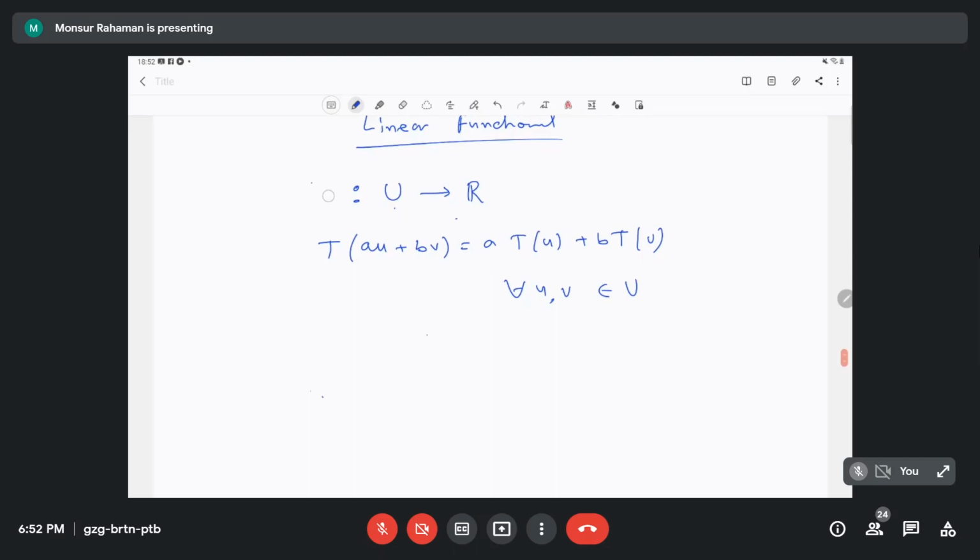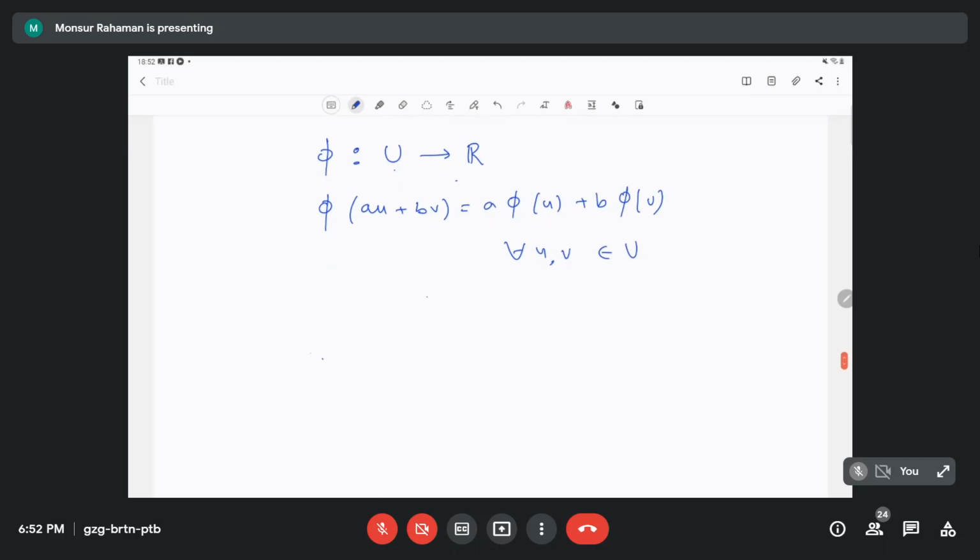So we use the special name phi. It will be the same, phi for all u, v belonging to U. For example, projection mapping. Suppose in R2 this is a point (a, b). You project it to the x-axis, so it will be a, and on the y-axis it will be b.